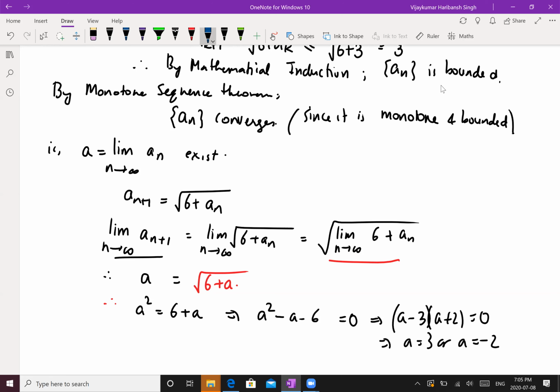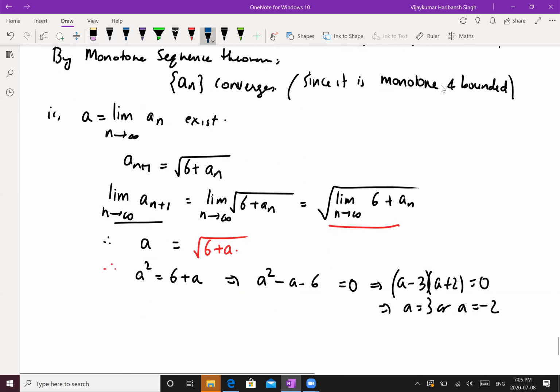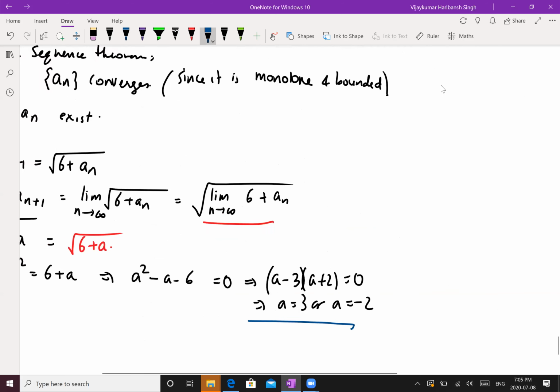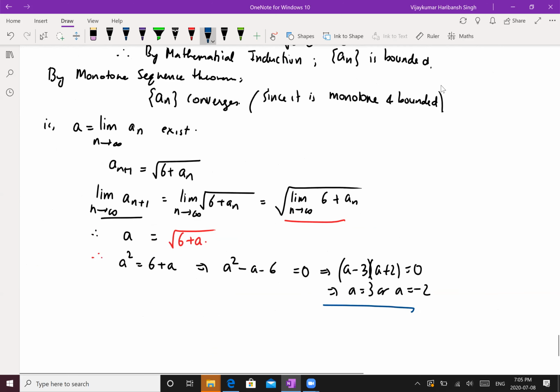Now note that since the a_n are between the square root of 6 and 3, we have a equals 3.